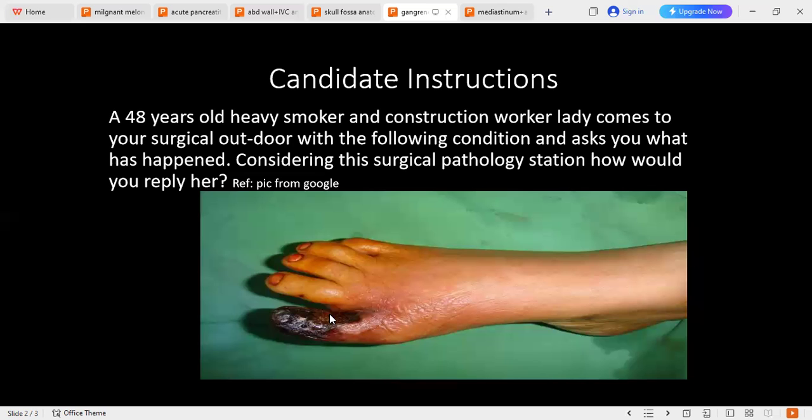Please tell me the difference between necrosis and apoptosis. Apoptosis is a programmed cell death and usually physiological. Apoptosis needs energy and necrosis does not.